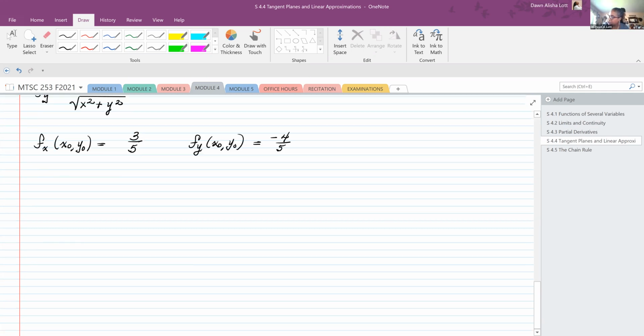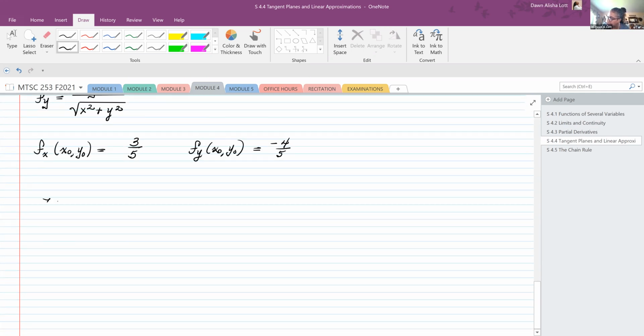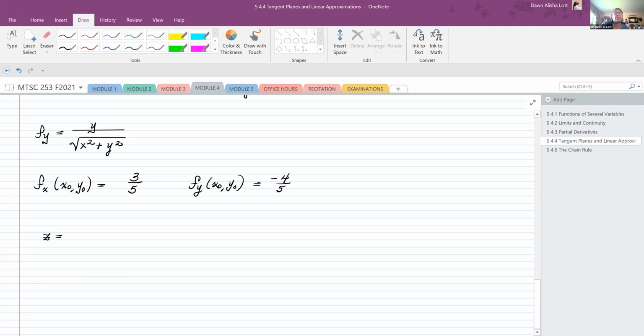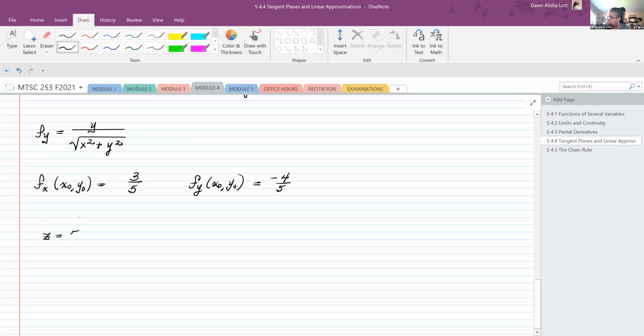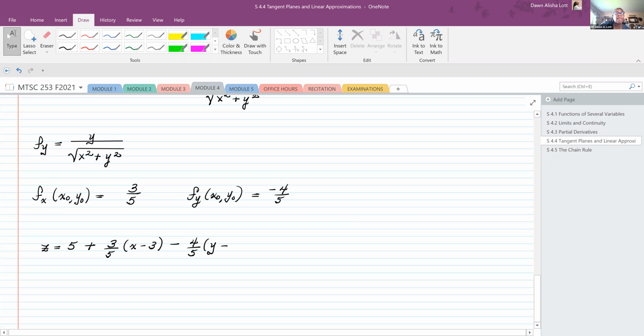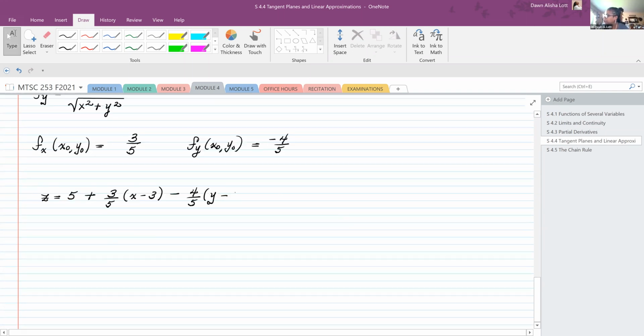Okay, so therefore z is equal to z naught, and z naught was 5, plus f sub x, which is 3/5 times x minus 3, minus 4/5 times y minus, I think it was a negative 4.